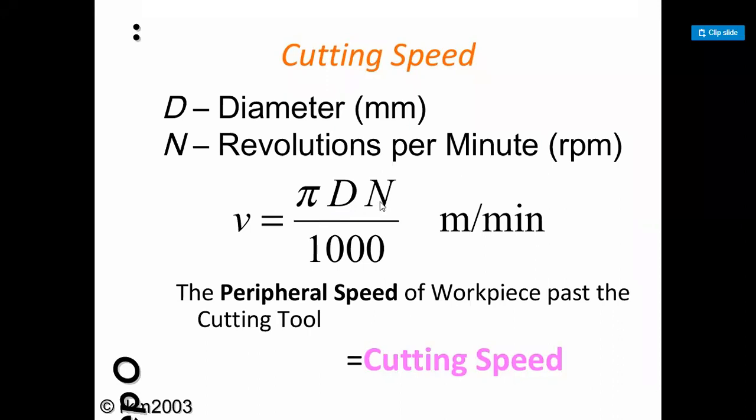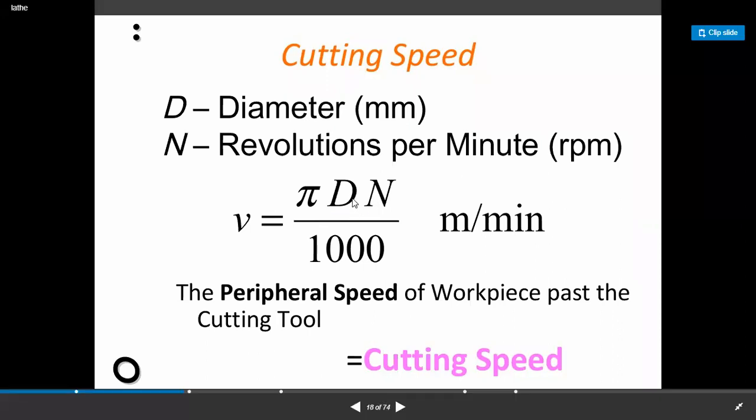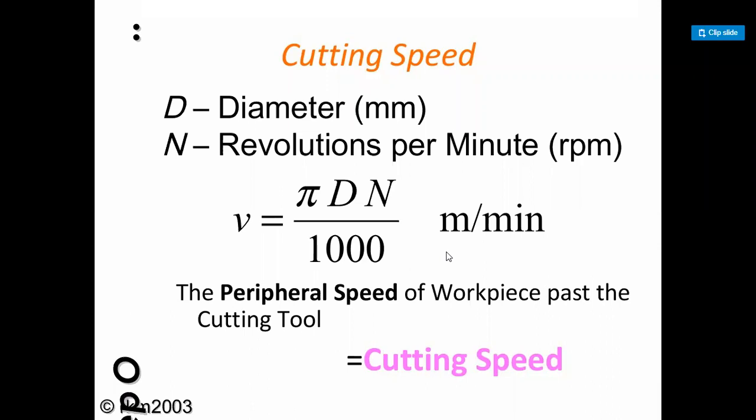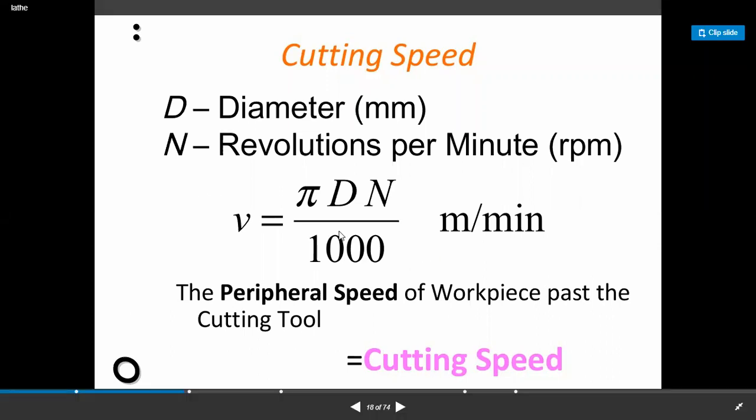That cutting speed is equal to pi d n upon 1000, where d is the diameter of workpiece in mm and n is the revolutions per minute, that is RPM. So pi d n value comes as meter per minute. So that is the cutting speed value given by the formula pi d n upon 1000.